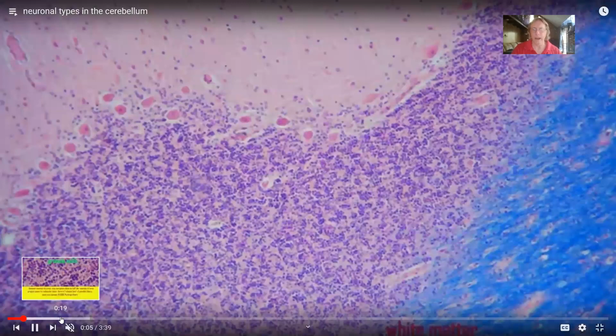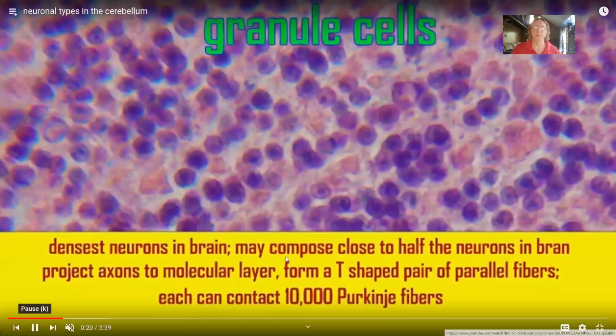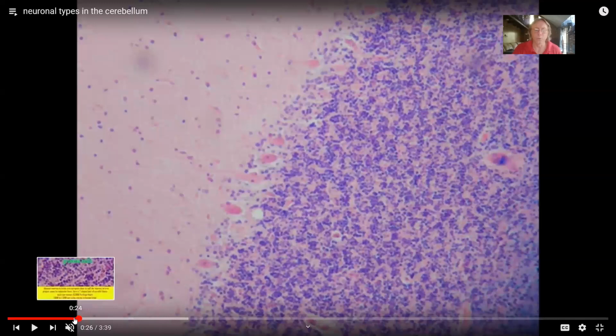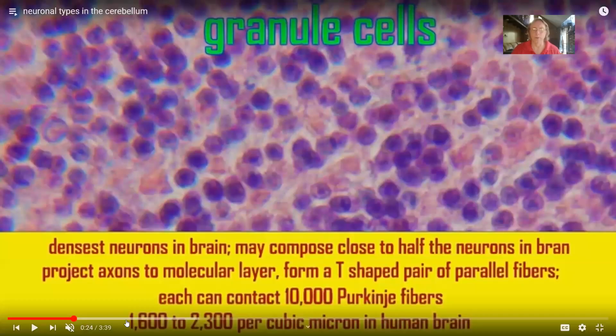Once again, the granule cells, as we will see, will contact Purkinje cells, and a large number of them, because they will send up an axon which then splits in the molecular layer to form a T shape, so that one of these can contact an enormous number. And as you can see, there can be well over 1,500 to 2,300 per cubic micron in the human brain. That's an incredible number of neurons.